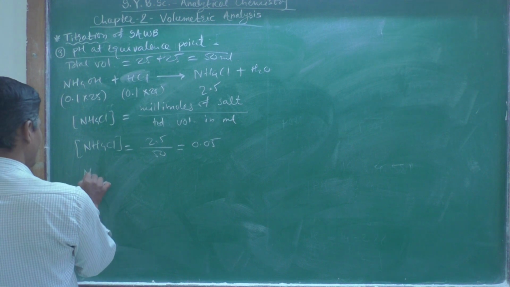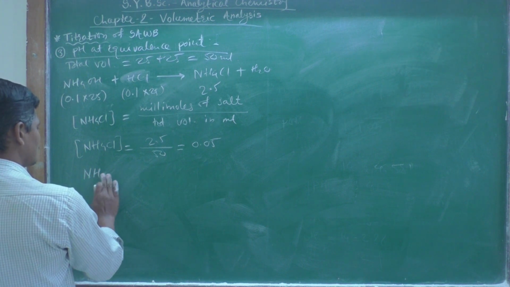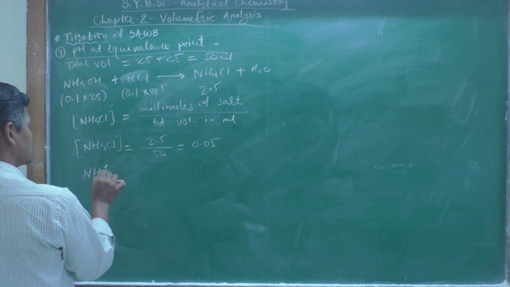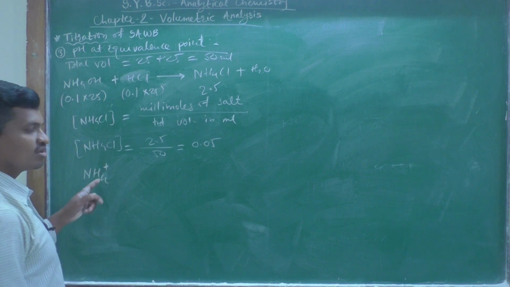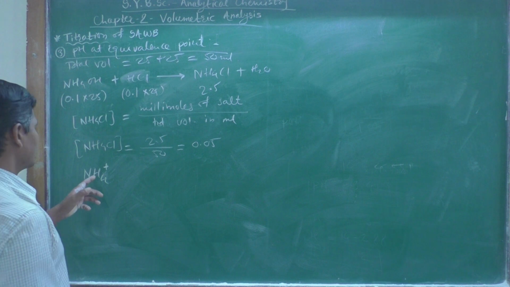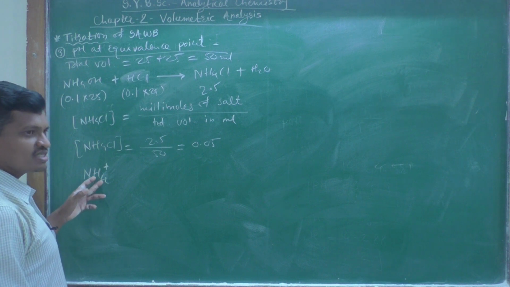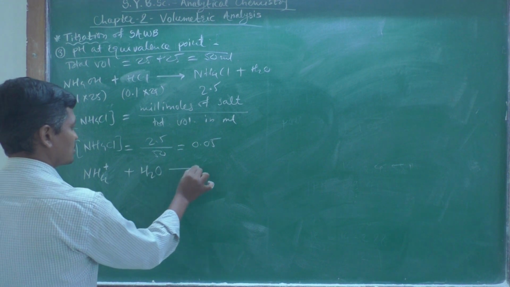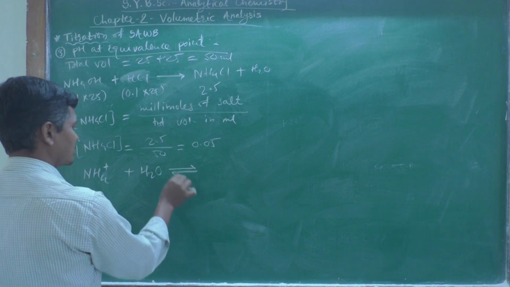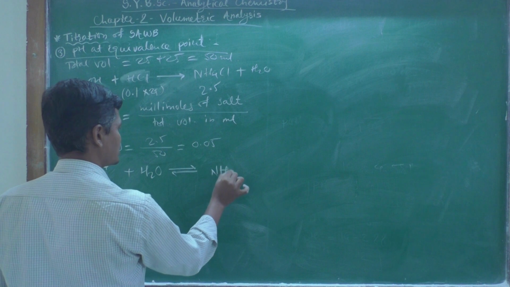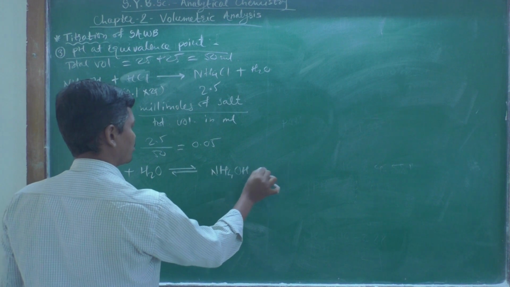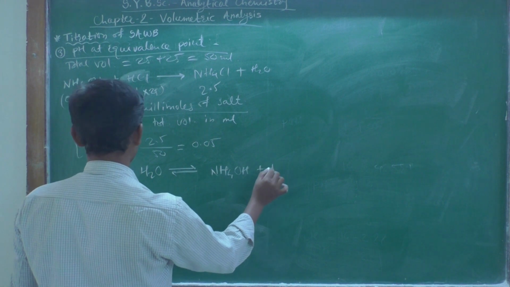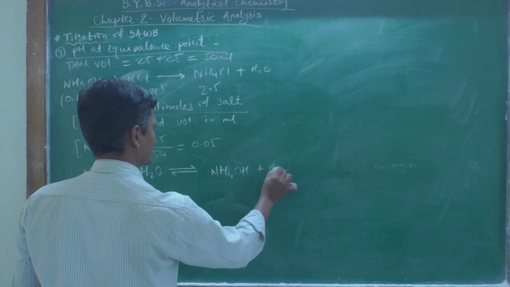So this NH4Cl, that is ammonium chloride, from which the ammonium ions get hydrolyzed, plus water, there is a formation of NH4OH plus OH minus.